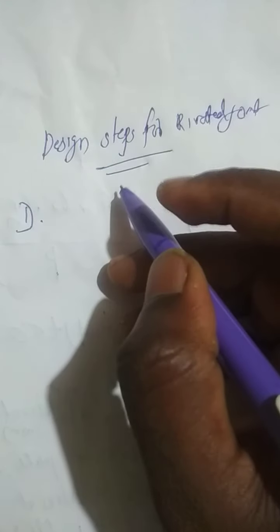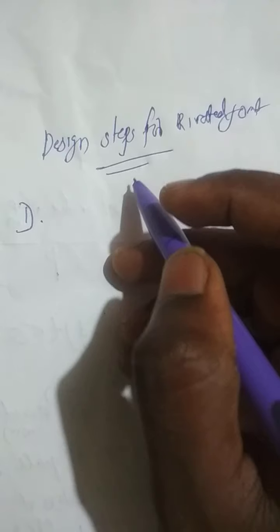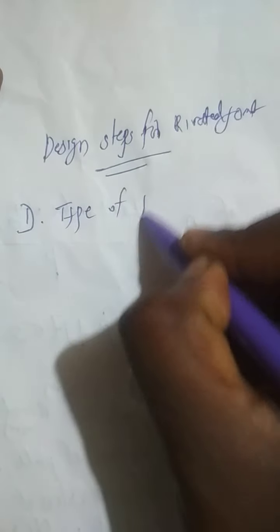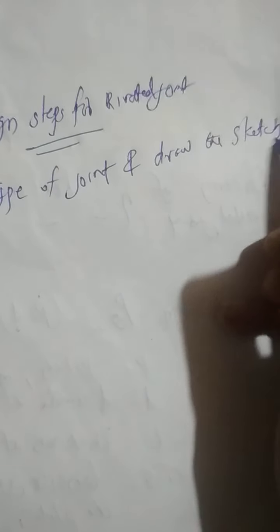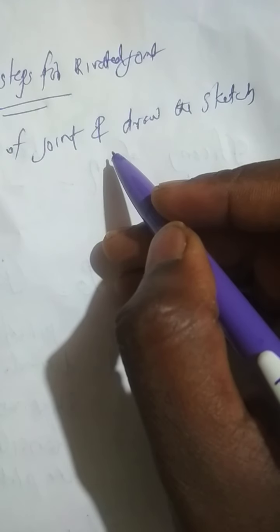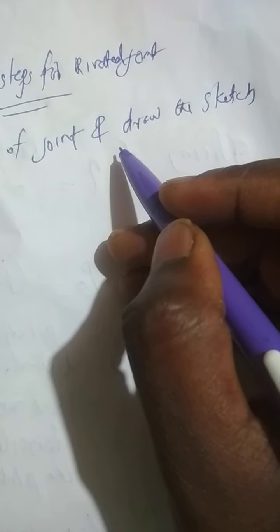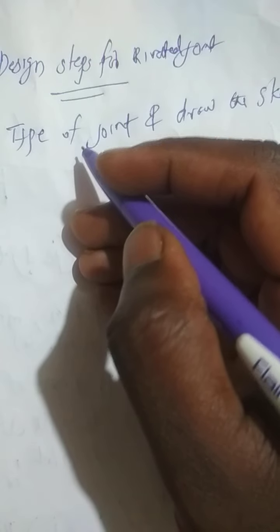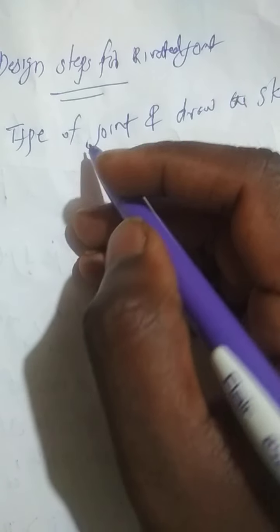First one, if they give the question, from there we have to identify the type of joint and draw the sketch. You will get this information from the question. Also you will come to know whether it is a lap joint, double riveted, single riveted, or butt joint.